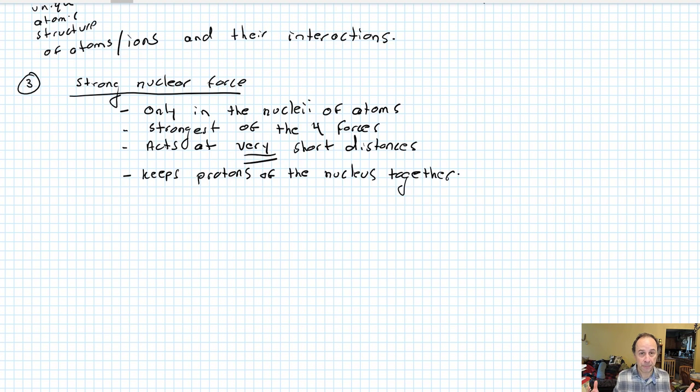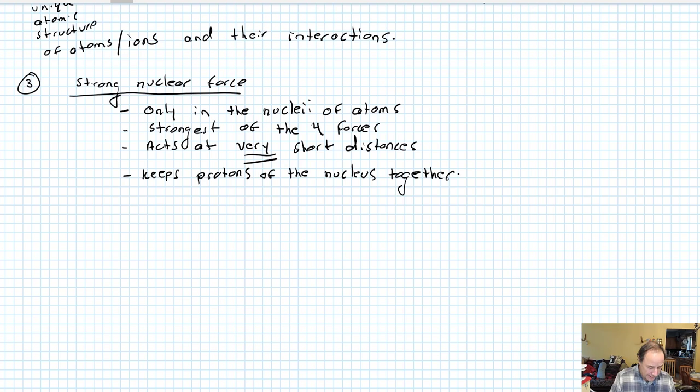The strong nuclear force is attractive at very short distances between protons, and against that is the electromagnetic force that's repulsive between the two same charged particles, between the two protons.